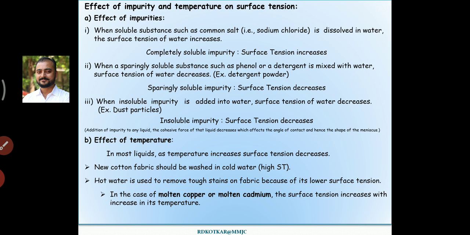But in the case of molten copper or molten cadmium, we just studied what? In most liquids, as temperature increases, surface tension decreases, except these two liquids, molten copper and molten cadmium, for which surface tension increases with increase in temperature.